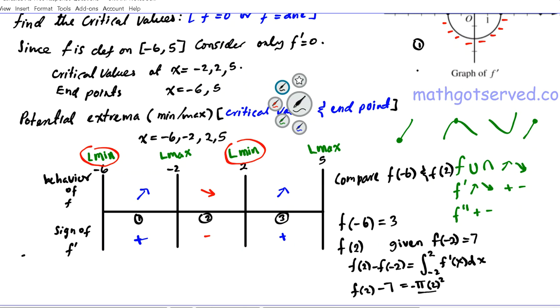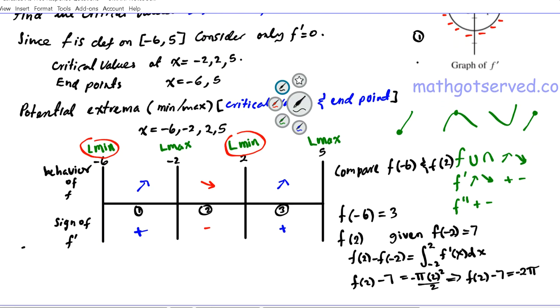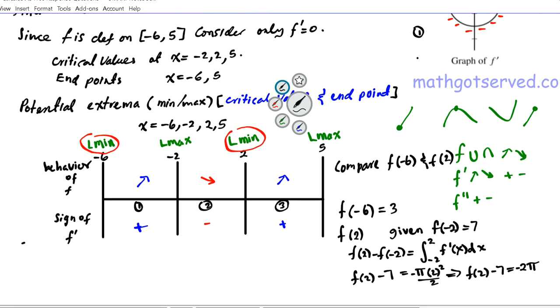So f of 2 minus 7 is equal to, if you do the math, negative 4 pi over 2, which is just negative 2 pi. To finish this off, we add 7 to both sides, and we have f of 2 is equal to 7 minus 2 pi.